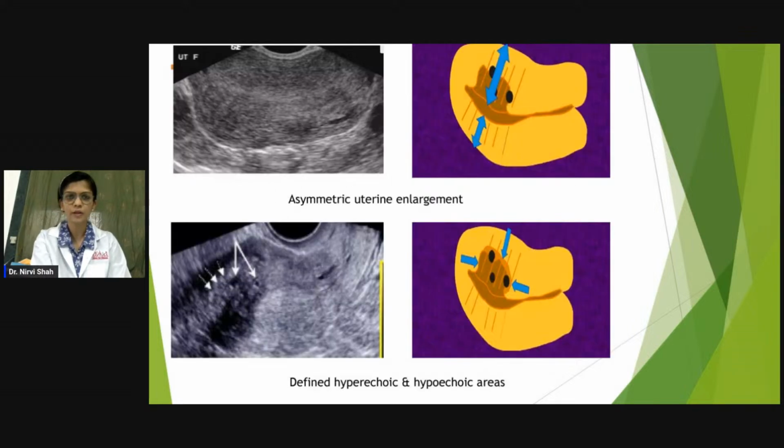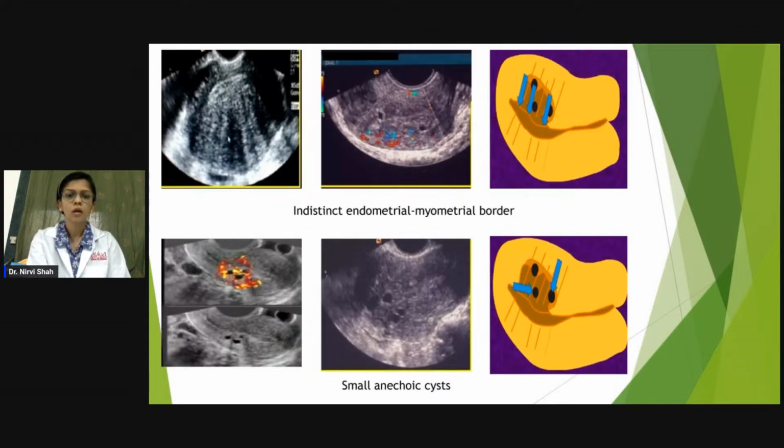Now let's look at all of them in detail. So here you can appreciate this is asymmetric uterine enlargement in the posterior wall. Okay, so it's more bulky, globular. Here there are these hyperechoic areas and this is hypoechoic. So it's a heterogeneous echo texture of the myometrium. Okay, here, like I said, there is an indistinct endometrial and myometrial interface.